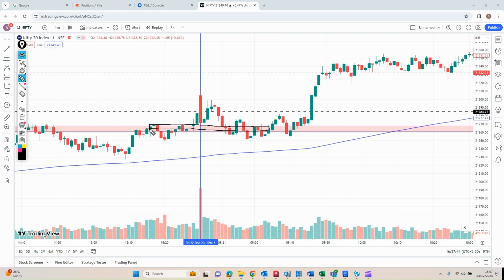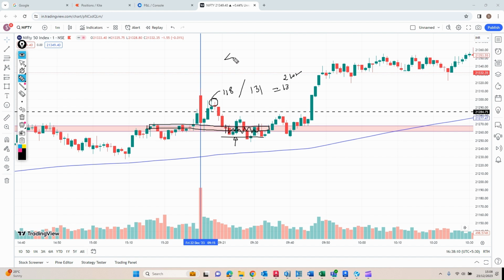I don't remember the exact time, but this is the zone where I squared off. I entered at a decent price of 118 and gained 13 points in this trade with only two lots.